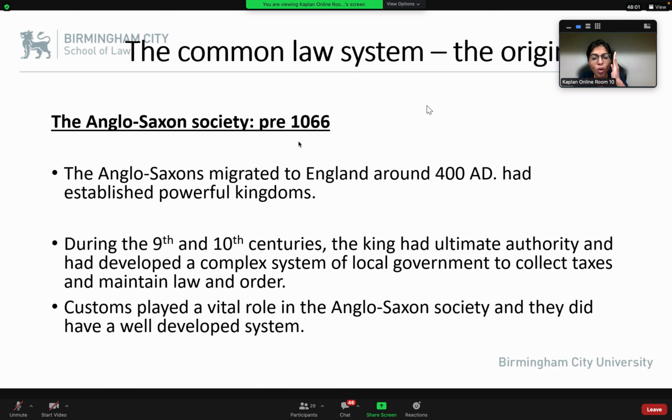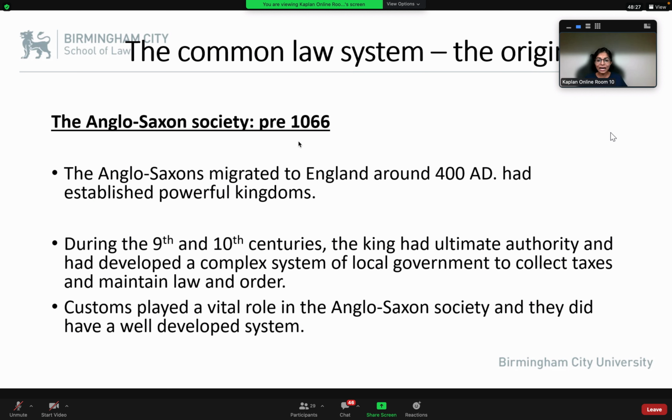Okay, I'll tell you what happened first. Before the year 1066, the Anglo-Saxon society, they are a group of migrants. They migrated to England around 400 AD. So this Anglo-Saxon society migrated to England and created their own powerful kingdoms and society.